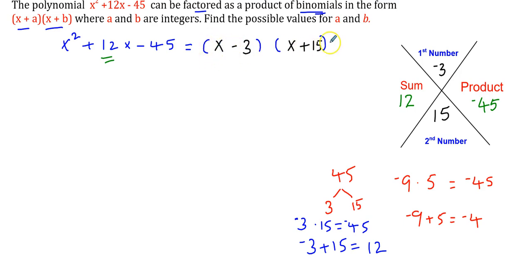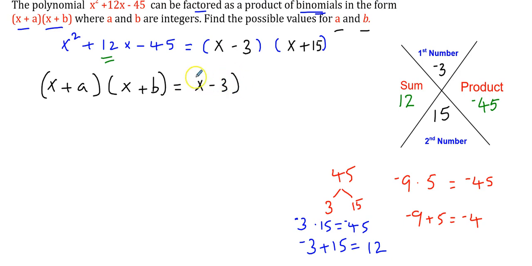Now the question is, what are the possible values of a and b? So now we have x plus a times x plus b is equal to x minus 3 times x plus 15.